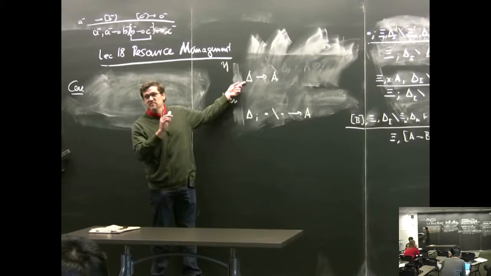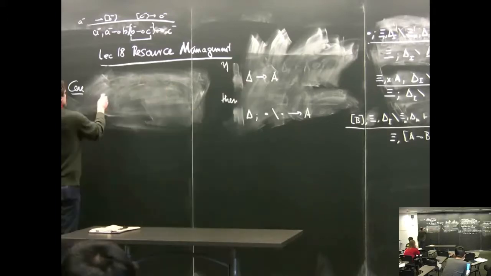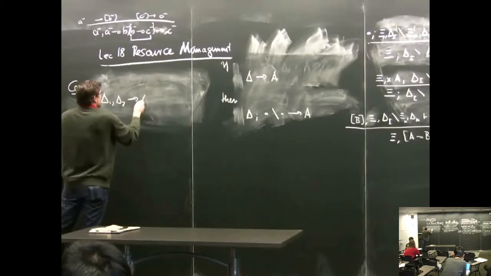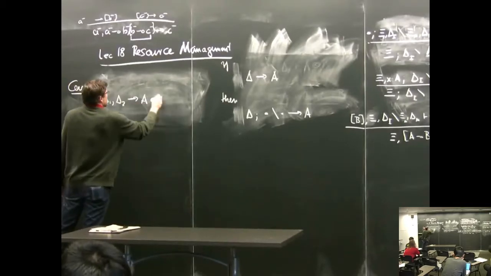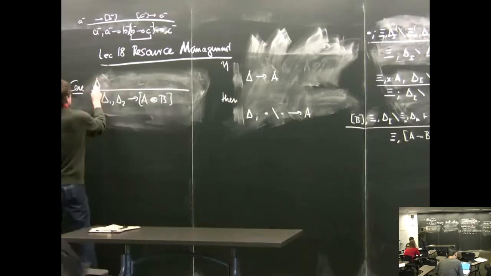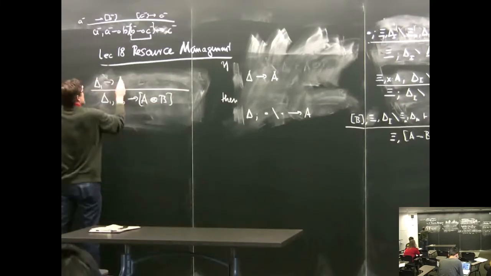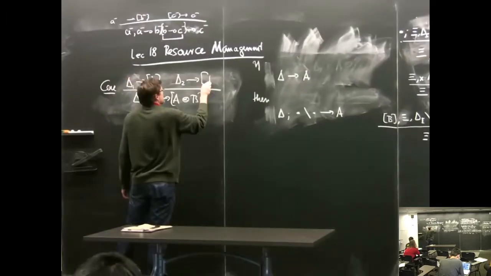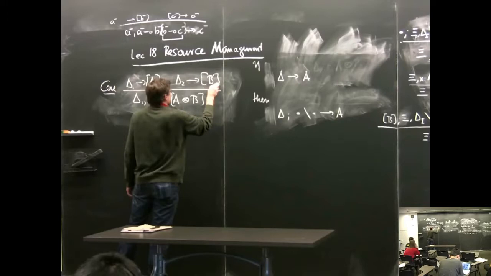Okay, so the case would be that the proof looks like this: delta 1, delta 2 proves A tensor B, because delta 1 proves A in focus, and delta 2 proves B in focus, and that's our tensor right rule.